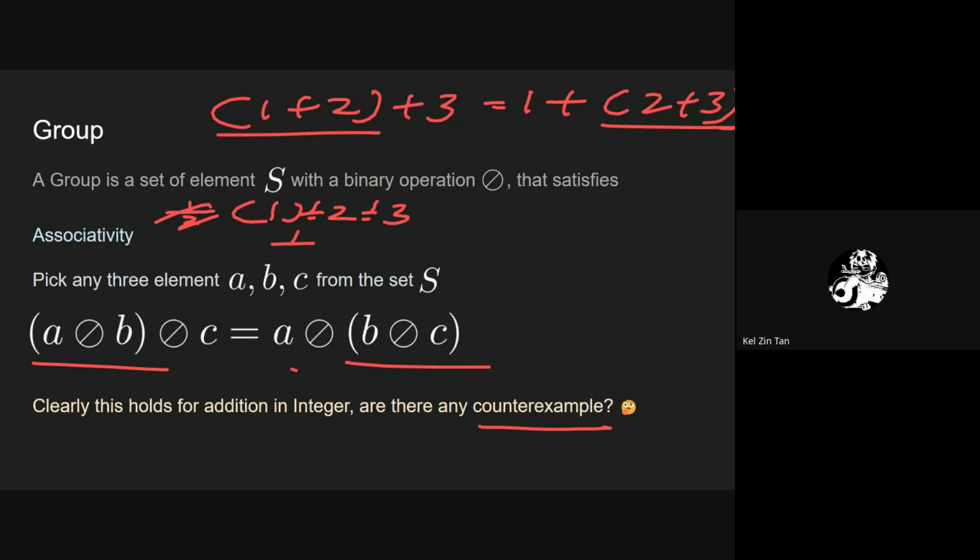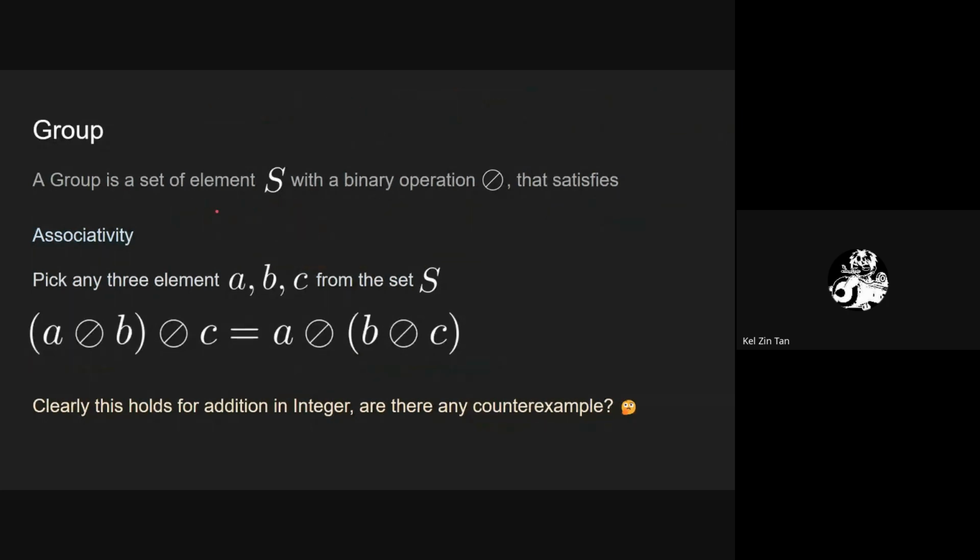If you do 1 divided by 2 first, and then divide this whole thing by 3, you will get something like 3/2. And then if you do the other way around, 1 divided by the result of 2 divided by 3. Actually, this is not a very good example. Let me do it again.